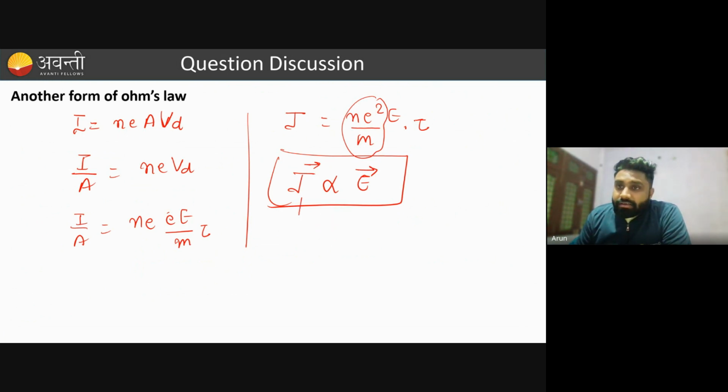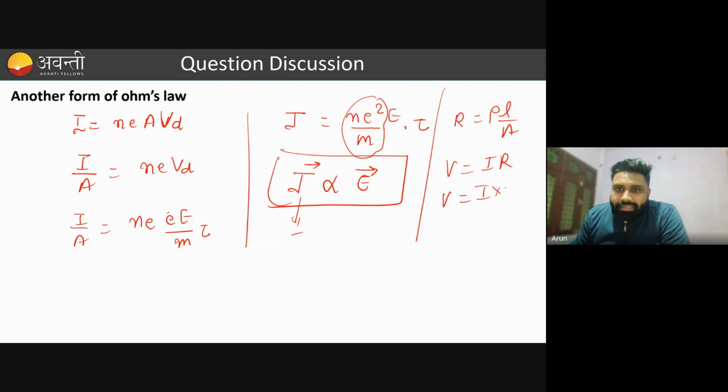J is the current density, which is related to current. You can also derive it from this formula: R is equal to rho L upon A. And V is equal to IR. V is equal to I into R, whose value is rho L upon A. Okay?